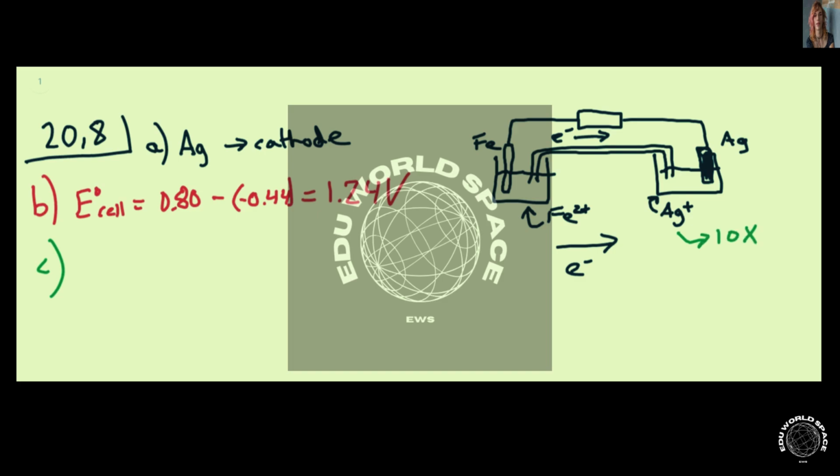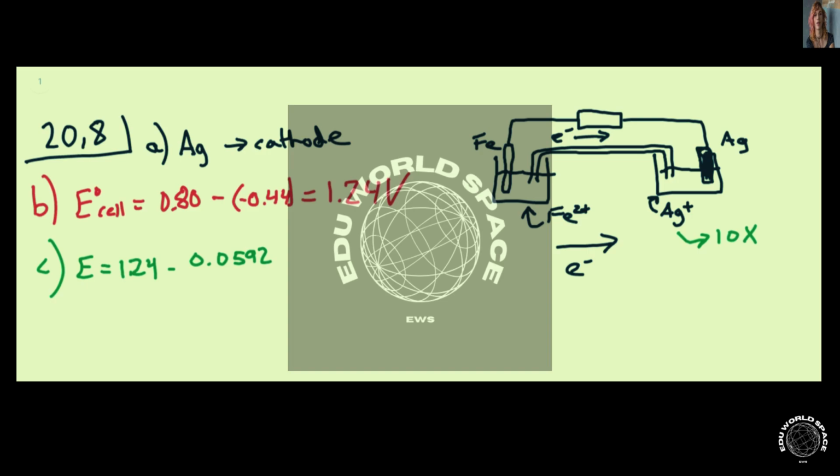So to calculate this here, we need to use the Nernst equation. So the Nernst equation tells us that E is equal to E naught, the value we just calculated, 1.24, minus 0.0592.